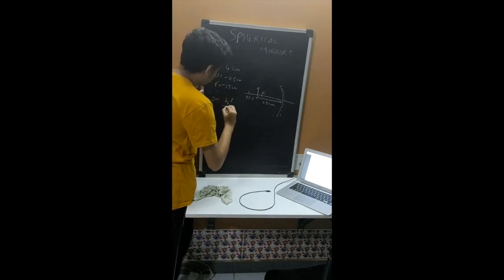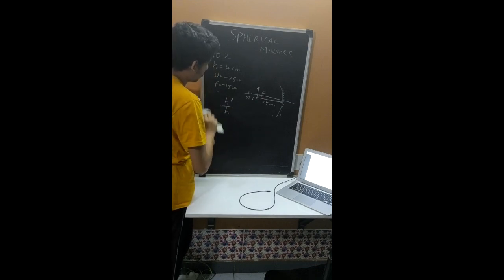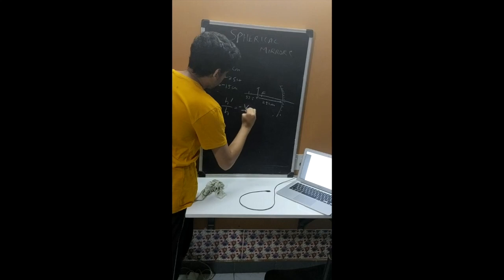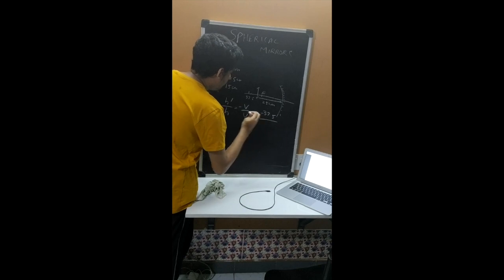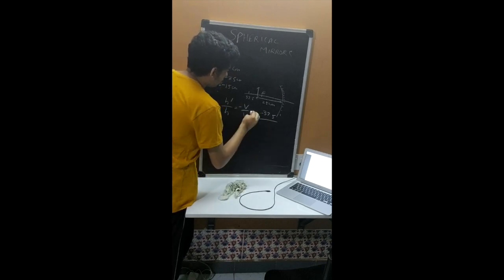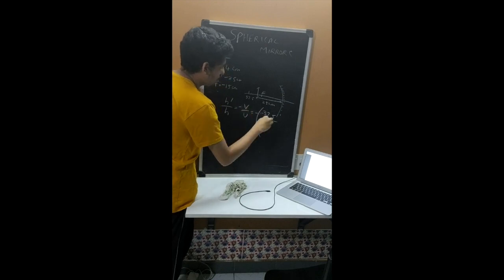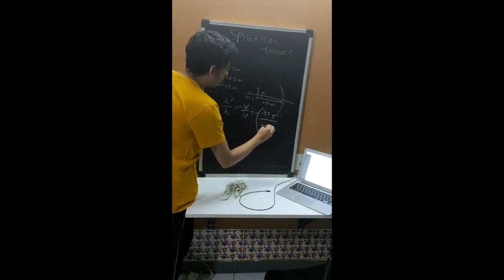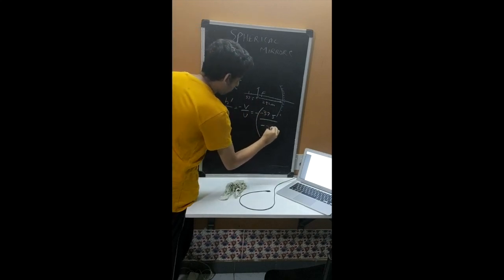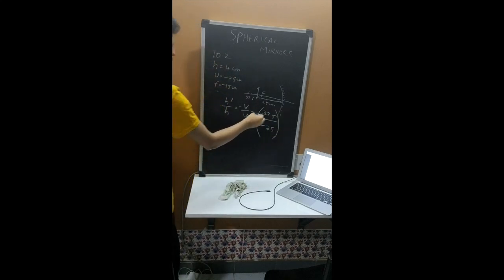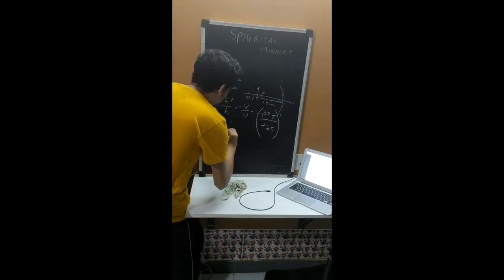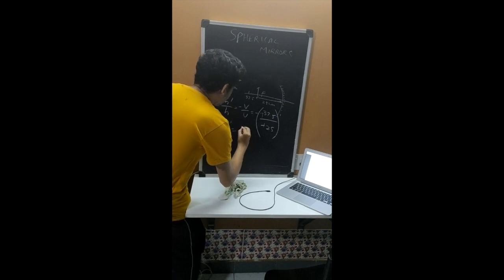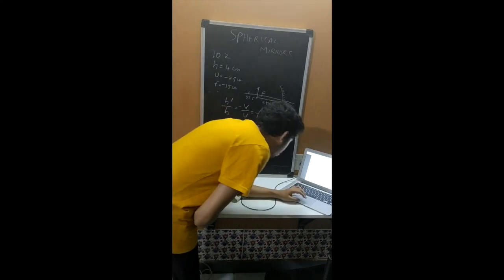h dash by h, magnification, is equal to minus v by u, equals minus of v, which is minus 37.5, by u, which is minus 25. Of these two minus signs, one will get cancelled, so one minus will still remain. So h dash by h equals minus 37.5 by 25.